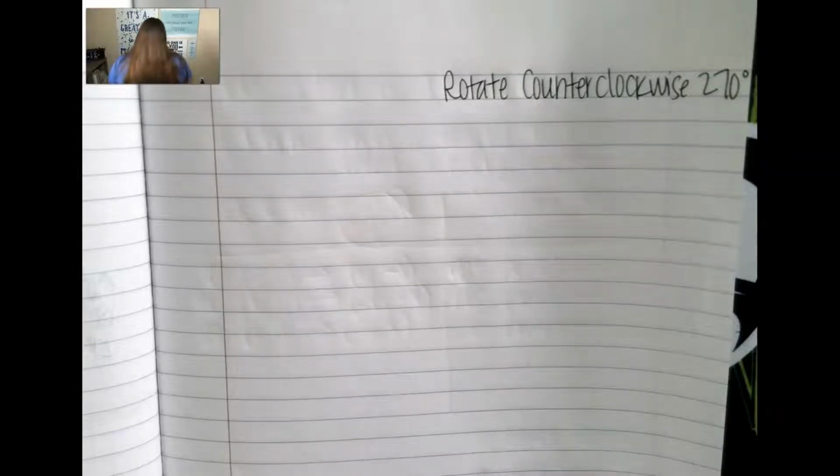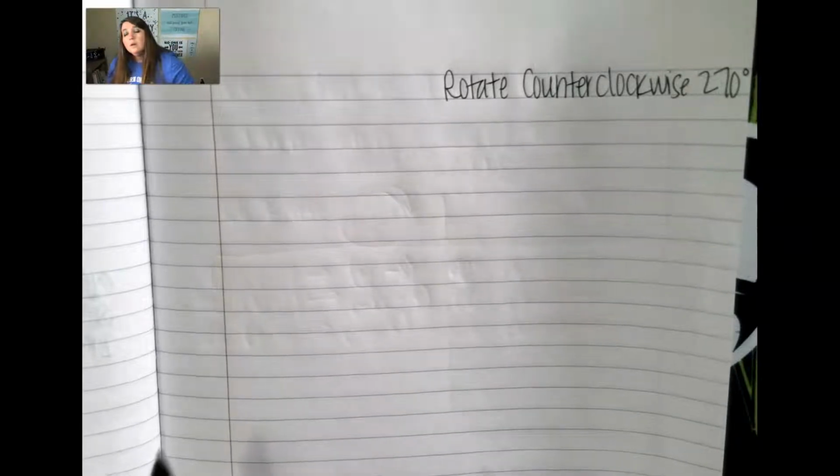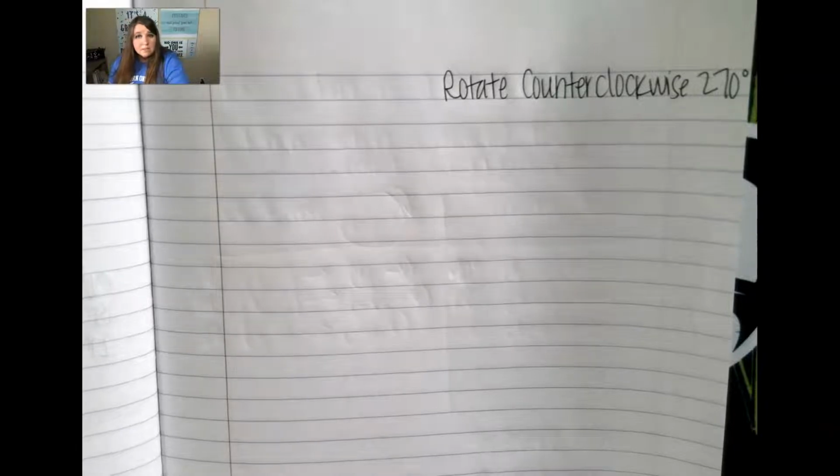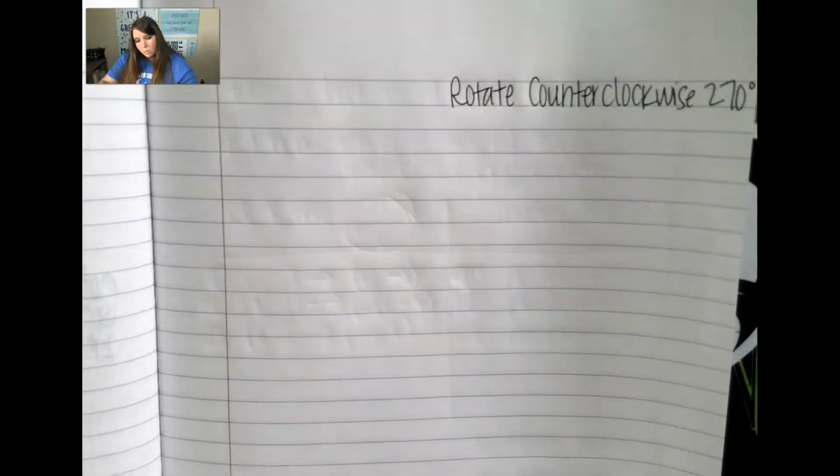When I did this before and I went clockwise, I was at 12 o'clock, and then clockwise 90 degrees is just 3 o'clock. So that's how you get the 90 degree clockwise and the 270 degree counterclockwise are exactly the same. But one thing at a time.